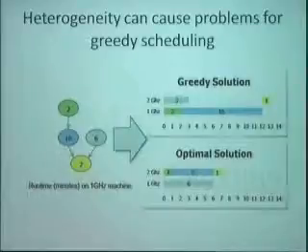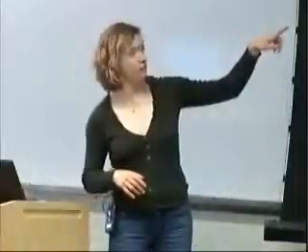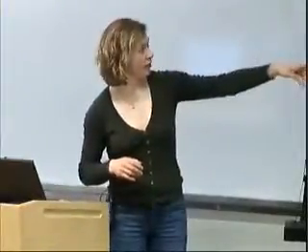A reasonable greedy solution would schedule that longer running node on the 2 gigahertz machine to take 3 minutes and the shorter one on the slower machine to take 2 minutes. And then the scheduler ends up putting that 10-minute one there and actually taking much longer than it would have done had it scheduled the green node on the faster machine and the light blue node on the slower machine. So it's very contrived, but it can easily happen.